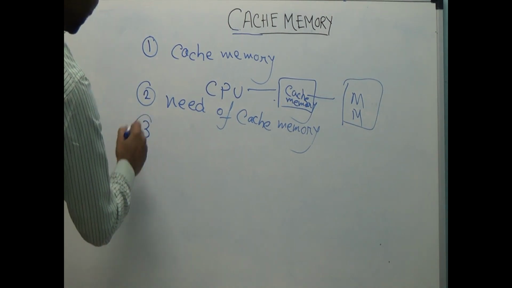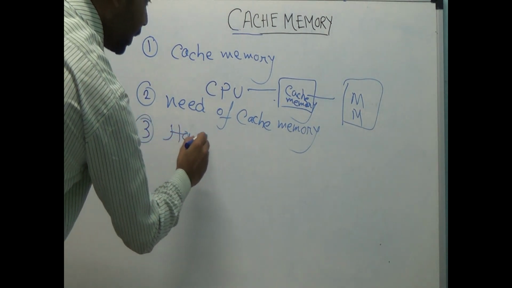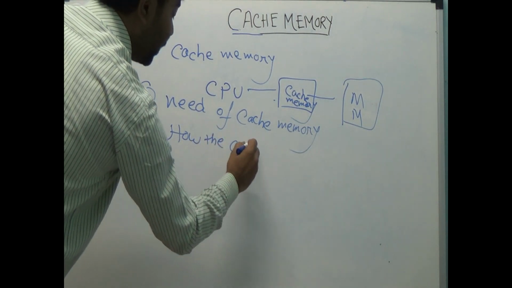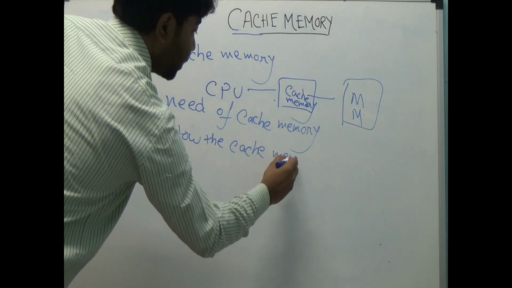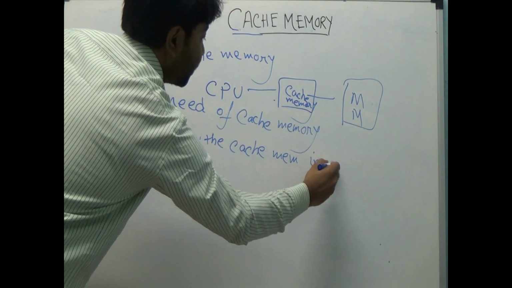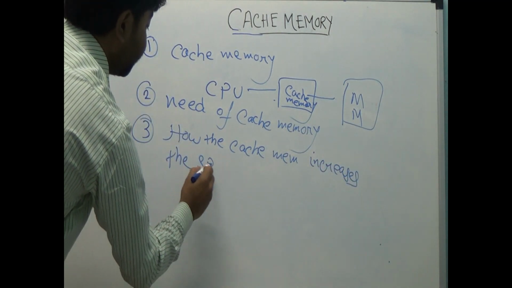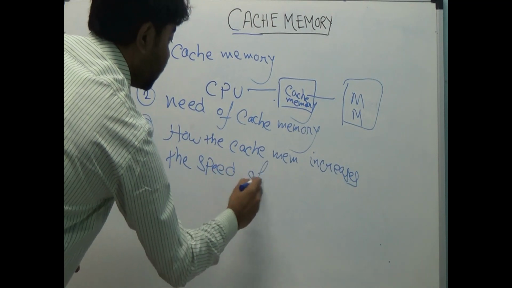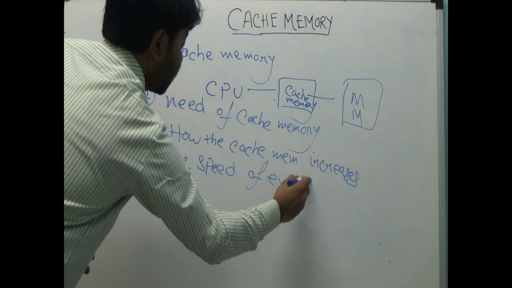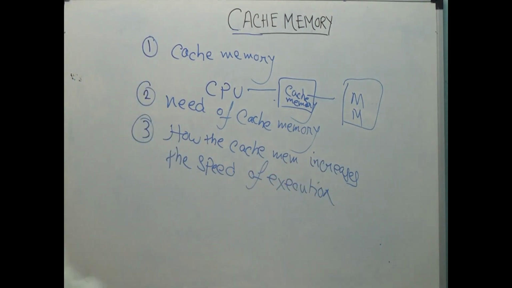Next one is how the cache memory increases the speed of execution. This is the next question.